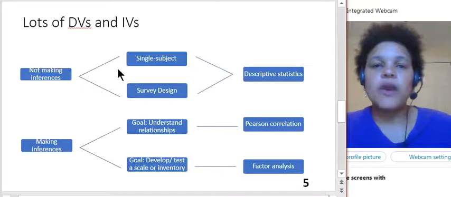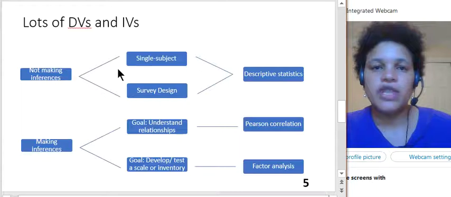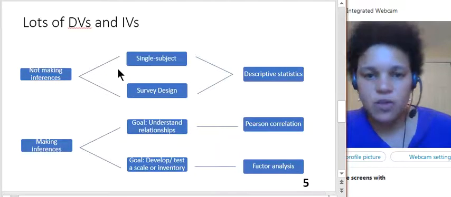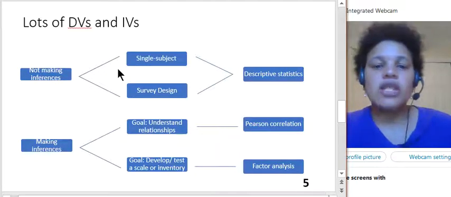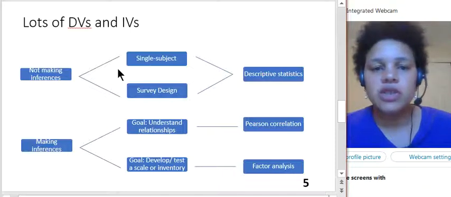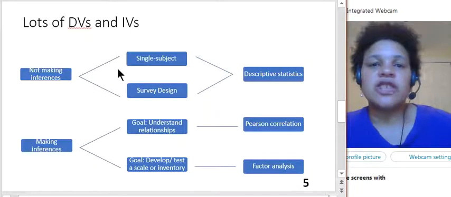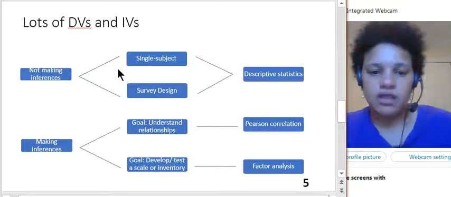But we tested the kids' reading many times before we did the intervention, and then many times during the intervention, and then many times after the intervention was over, right? And so we're going to use descriptive statistics to compare the average performance of our students before the intervention, during the intervention, and after the intervention.